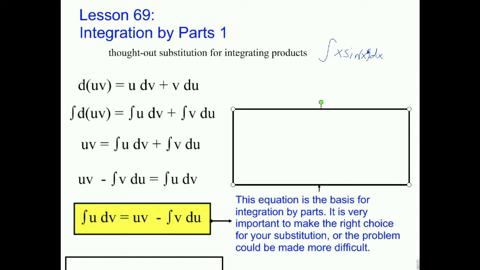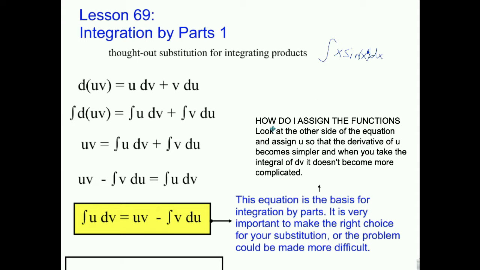Here's a hint: look at the other side of the equation and assign u so that the derivative of u becomes simpler. At the same time, when you take the integral of dv, it should not become more complicated.